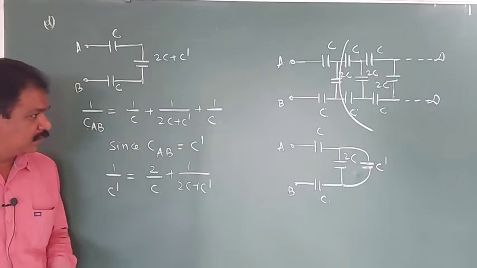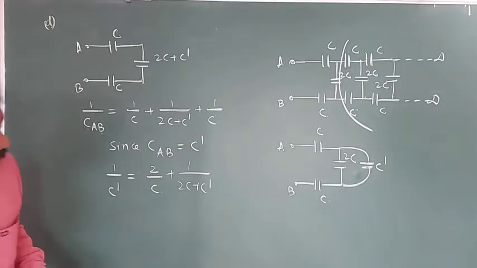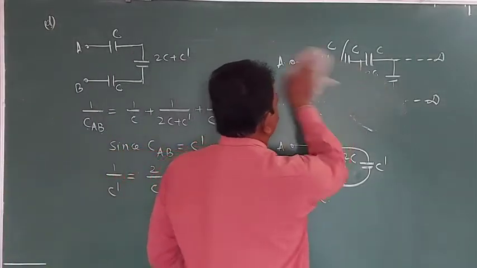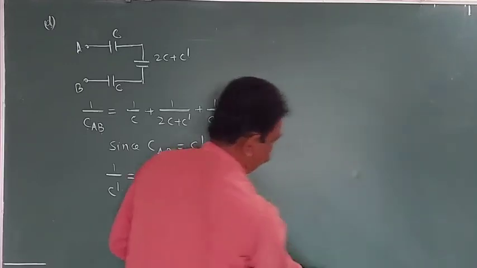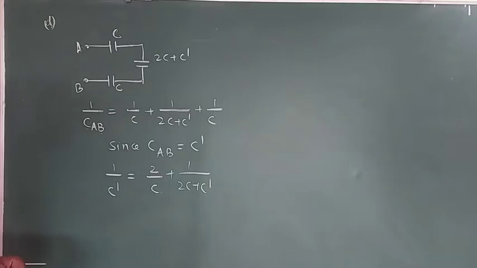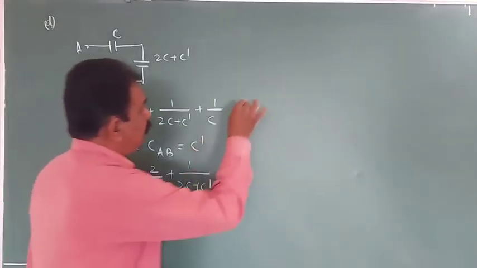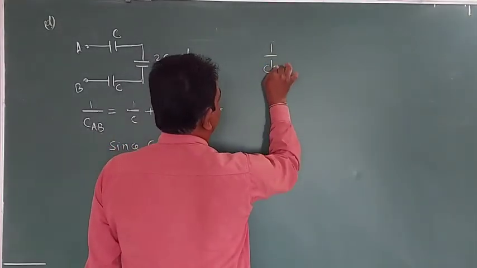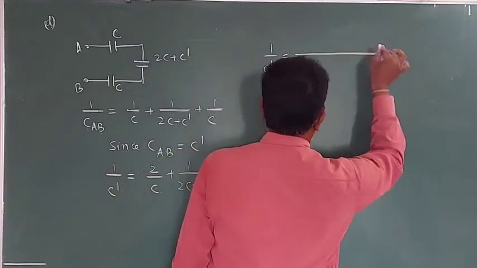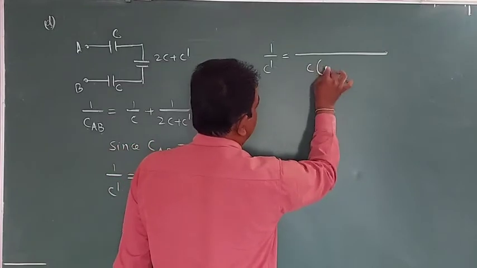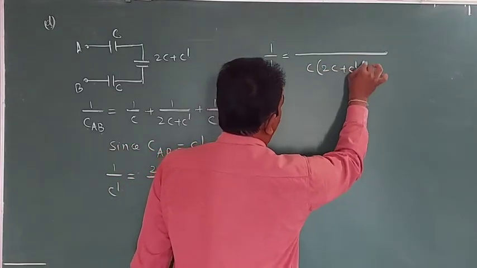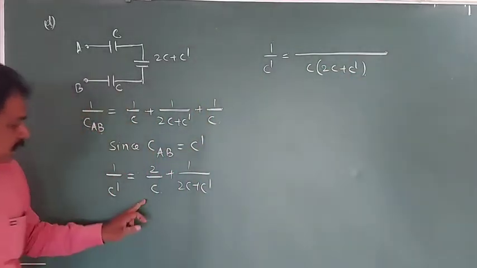How to do that one? Let us see. Then 1 by C dash is equal to, LCM of these two will be C into 2C plus C dash.